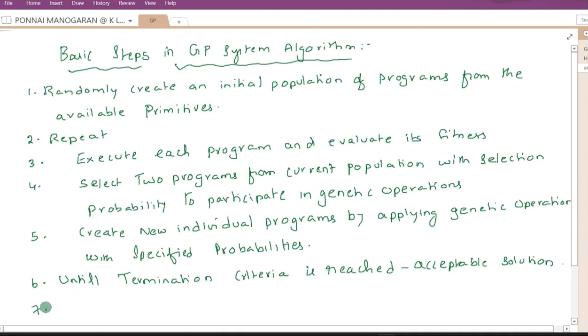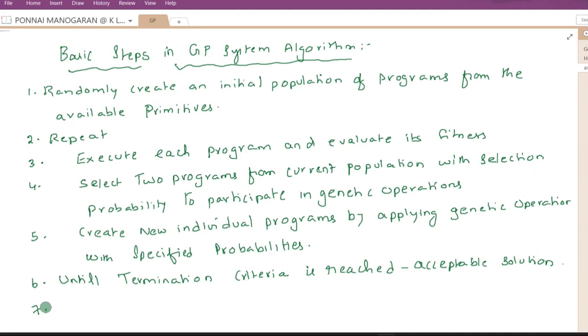So your process is simple. Generate an initial set of programs with the help of available primitives, and then evaluate its fitness, and then select two programs based on the selection probabilities, and then generate new programs with the help of genetic operations. Here genetic operations means crossover and mutation.